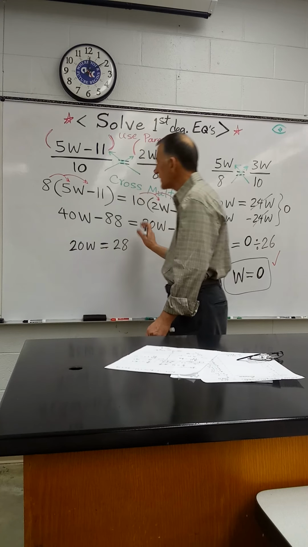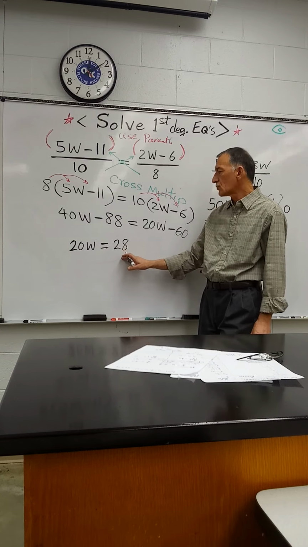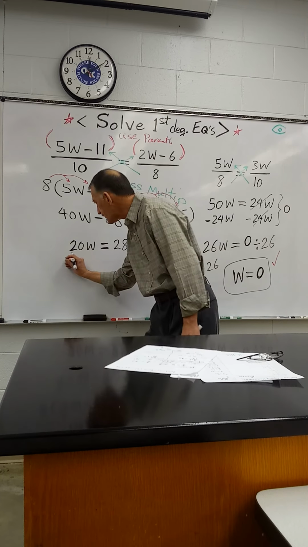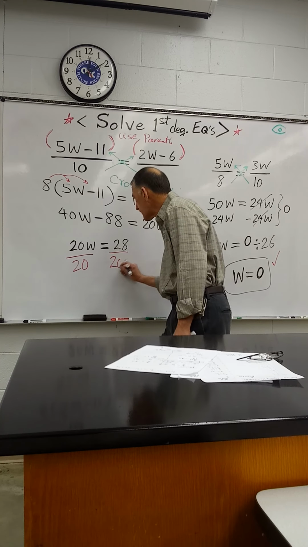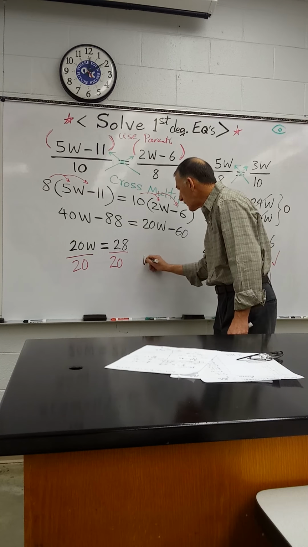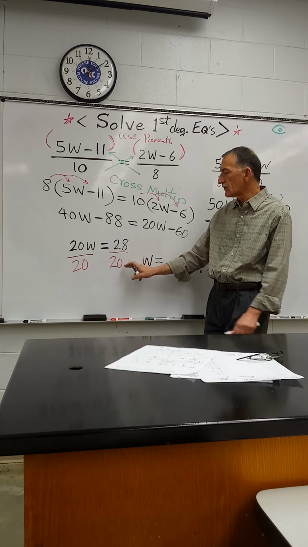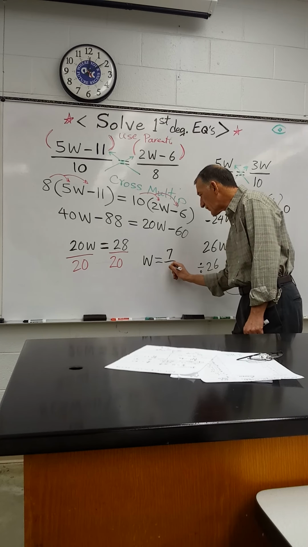So I jumped a step, I jumped 2 steps, and that's what I get, 20w equal to 28. And now I divide both sides by 20. I divide both sides by 20, and the w is going to be 28 over 20, then I reduce to 14 over 10, then I reduce to 7 over 5. So I get 7 over 5.